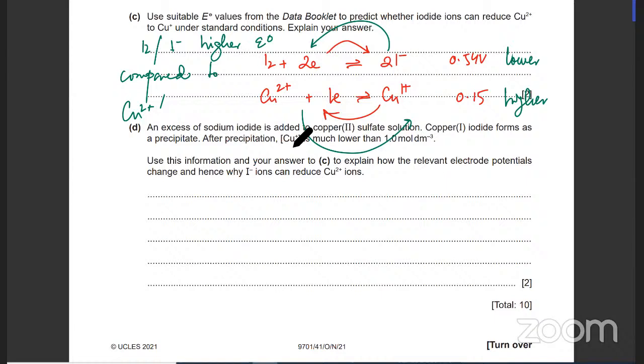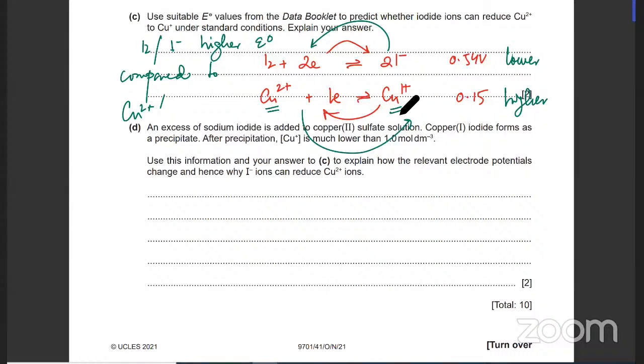So sir, that means the copper 1 ion will be in a large amount. Yes, equilibrium shifts to the left, right? No, copper 1 is low. Sorry, it won't go forward. After precipitation, copper 1 is much lower.